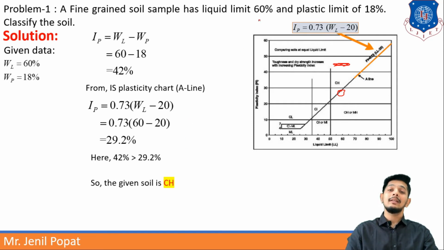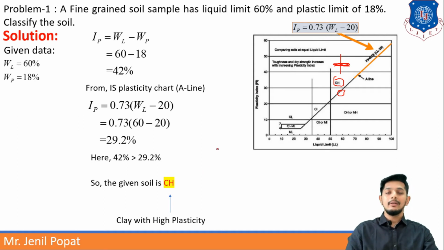WL is 60%, which is above 50, so it will be somewhere here. If we get our point here, it must be CH, and that is how we can write the given soil is CH. CH is clay with high plasticity. So that's it for this problem.